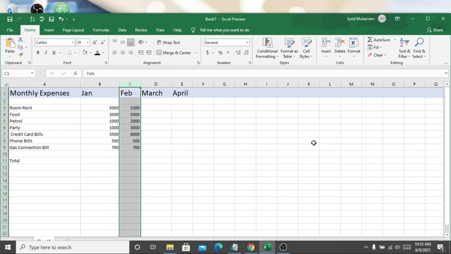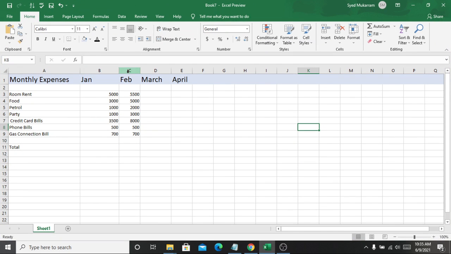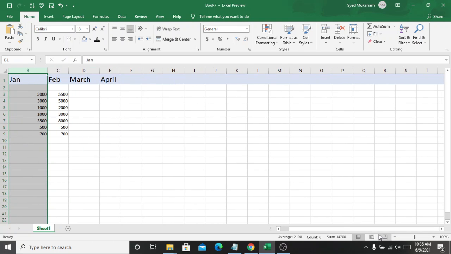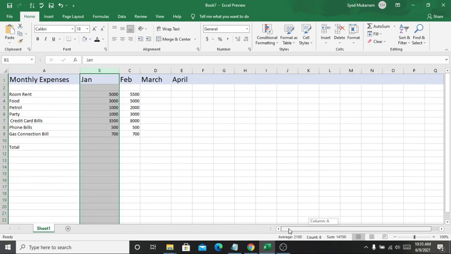Now we could see that in Feb there is mostly, oh my god, a huge difference overall. The monthly budget for Jan over here is 14,700. Let me show you clearly on this.